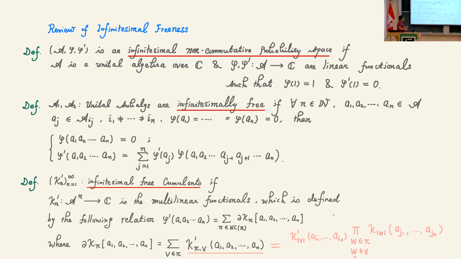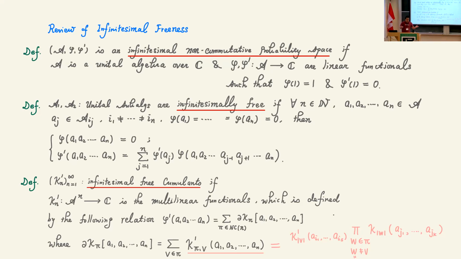So what is the partial kappa pi? When you are given a partition pi, there are several blocks. Each time we choose one block, we put the prime on it, and all the remaining ones we keep as the original, like this. That's how we define the infinitesimal free cumulant using the recurrence relation.